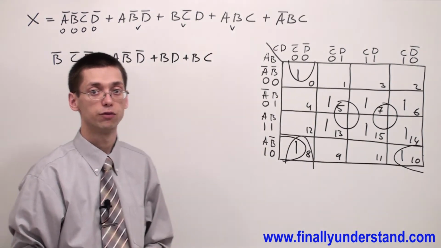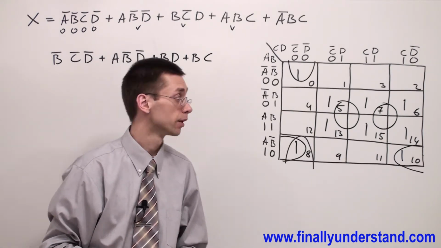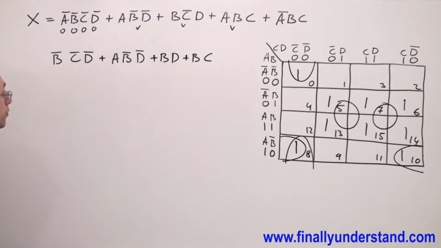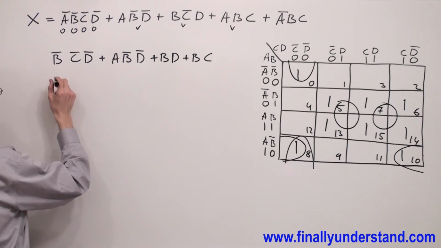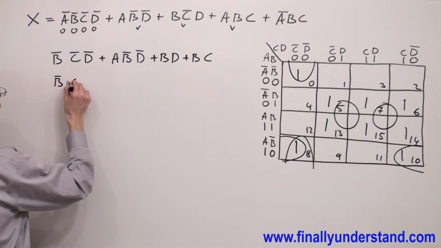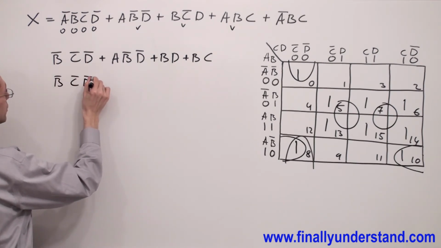Now let's take a look if we can factorize something or use exclusive OR or exclusive NORs, or maybe we can use De Morgan's theorem in order to make this expression a little bit shorter. So let's take a look at this expression. We have B naught and C naught, D naught.